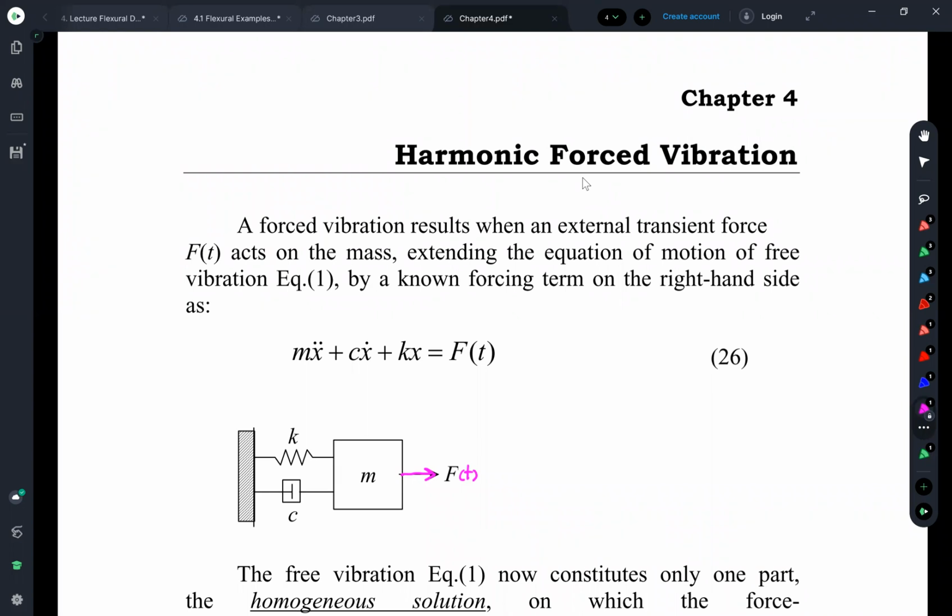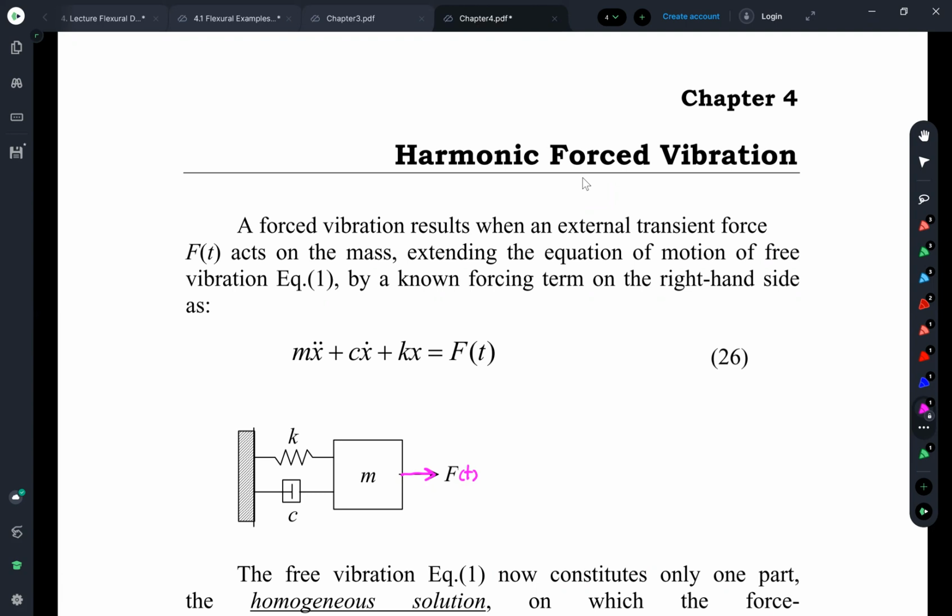Since if the external force F is a static force, like the dead load, the self-weight of the structure, those kinds of force are static, right? They are static, and the result is very simple.